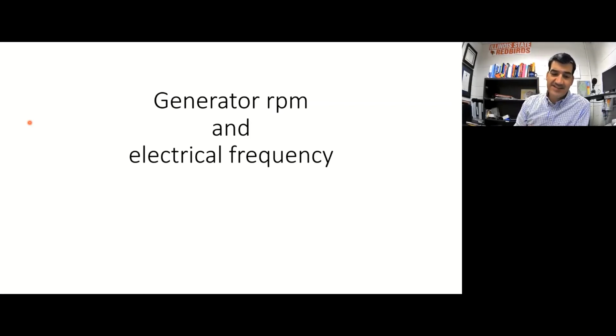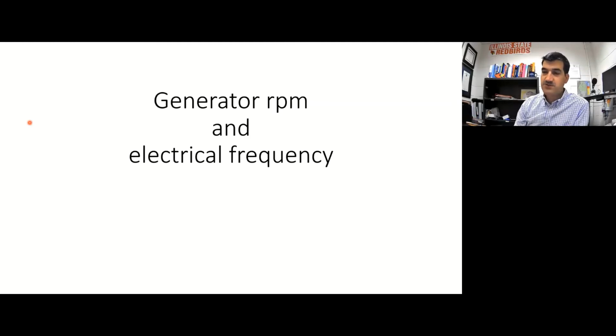And it's not that difficult to get a generator to turn at 3,600 RPM if what's spinning it is a steam turbine. Because our nuclear power plant produced steam, all of them do. All nuclear power plants produce steam. So it produces steam, and then that steam is at really high pressure, and it spins a turbine really fast, and the output of that turbine is the input for the generator.